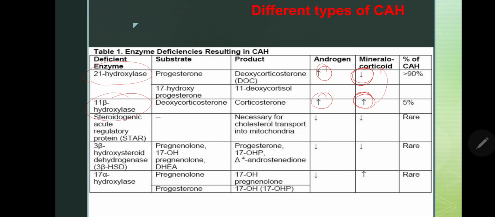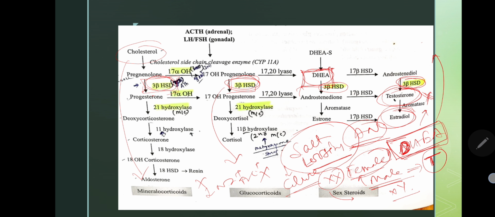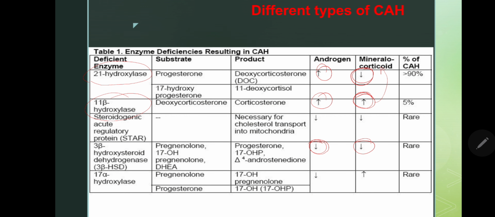So in 3 beta hydroxylase deficiency, androgen hormone is decreased, but the DHEAS is there, and mineralocorticoid is also decreased. So the patient presents with salt-losing shock, and the male patient is just like female patient, and the female patient is normal at birth, or may present with some features of precocious puberty.